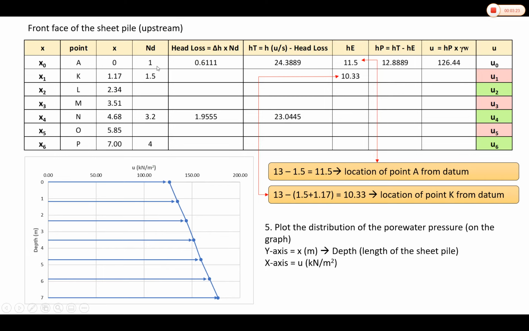Alright, so here is the same table as previous. We have the head loss, delta H, again the same, delta H 0.611, so we just multiply with the ND.